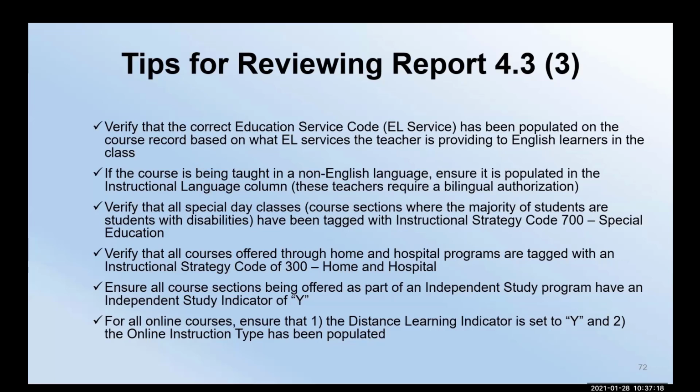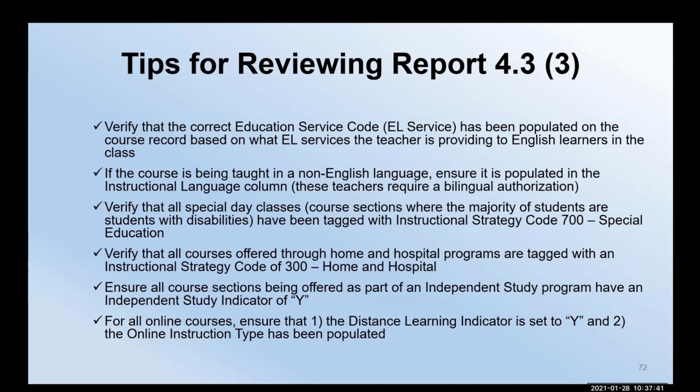Next, make sure, because we've got Education Code 44865, which allows a lot of flexibility in alternative settings. The next two items are two of those alternative settings. If a course is being taught via home hospital, it's important that you populate the instructional strategy code of 300, home and hospital.